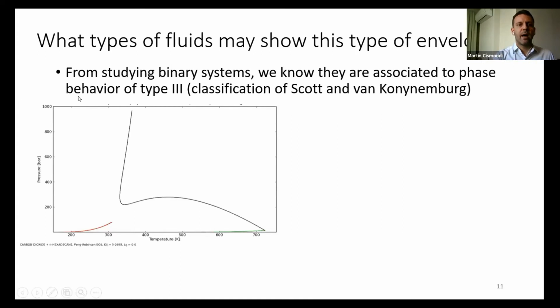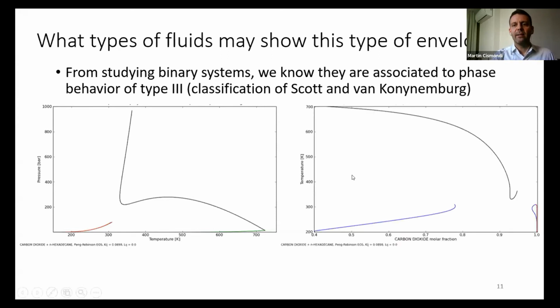So this is a pressure temperature projection of this type of phase behavior. This is the critical line that we were watching before in the 3D plot. And this is the temperature composition projection.